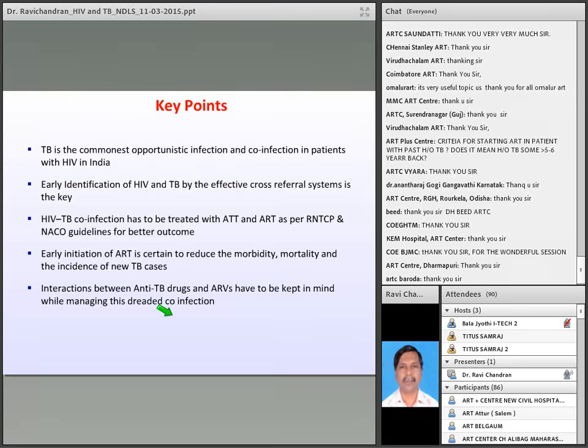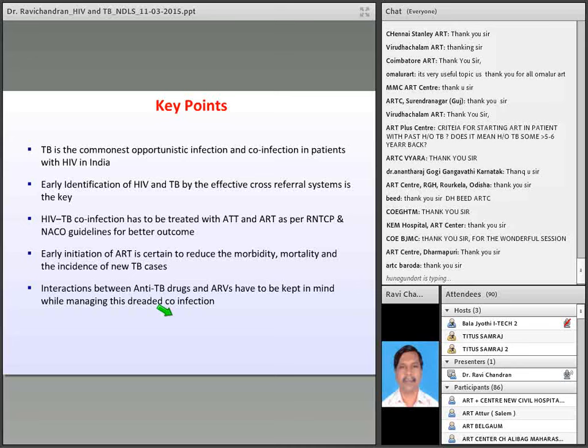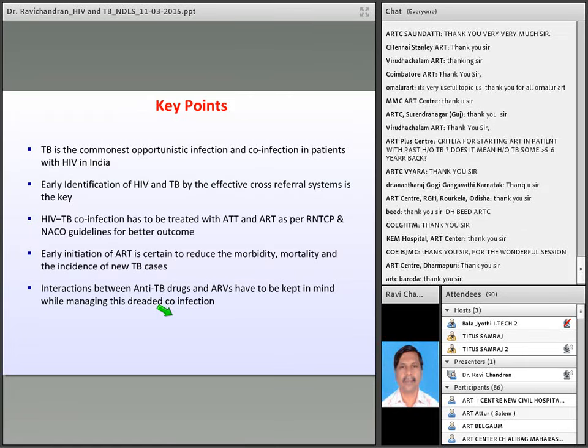But in patients with HIV, the Mantoux test is not reliable. Many times it is negative.